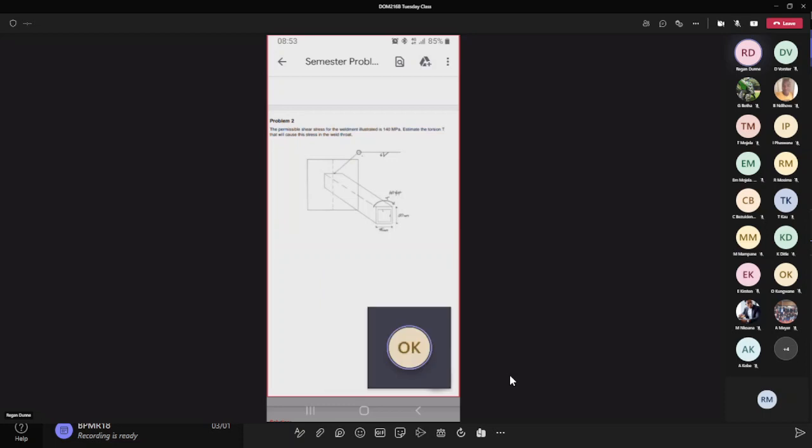Any solution yet or any questions? Anyone solve the problem yet?